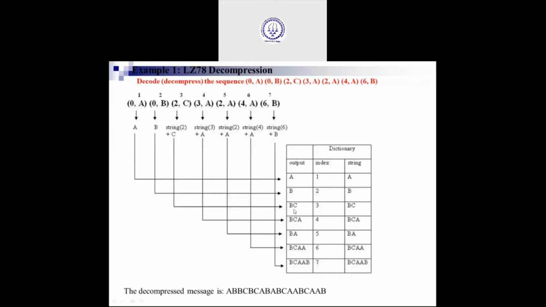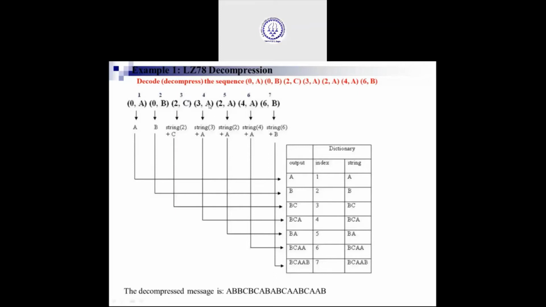Here you are seeing the output and string exactly the same. Why? Because we have focused on a very small string for understanding this particular operation. In a larger stream, these string locations will be very few, but the output will go on changing as per the indices present over here.